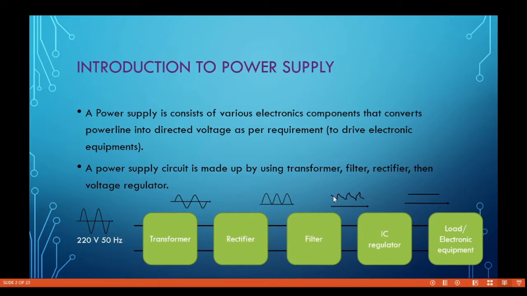I was not able to draw it perfectly in a perfectly rippled form, so I have drawn some nonlinear diagrams. You can reconsider this diagram in your textbooks. And then the next is the IC regulator. The IC regulator regulates this variable signal and provides you a regulated DC line, a constant voltage level at the output to drive certain equipment.